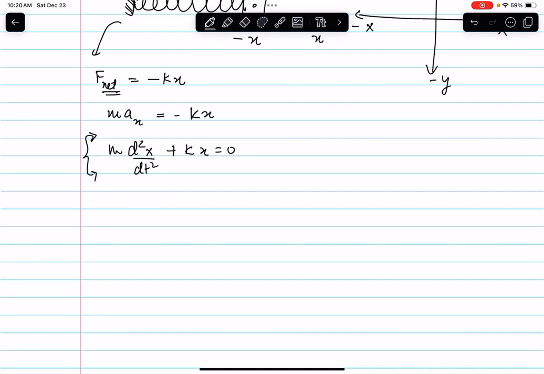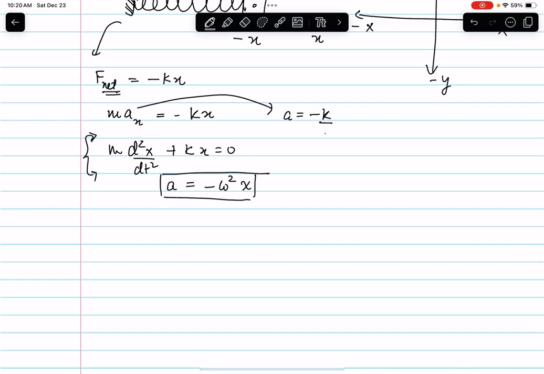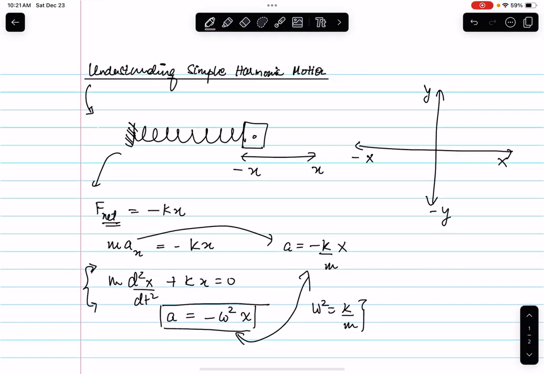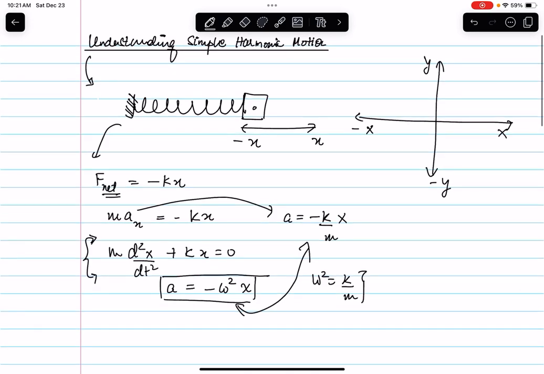And so we just said that you had to accept the fact that there is this equation, acceleration is negative omega squared times x, right? And we also saw that in this case, the acceleration would be negative k by m times x. So if you compare both of these equations, we said that omega squared is equal to k by m. Okay? So that's where we were so far when we were understanding simple harmonic motion.